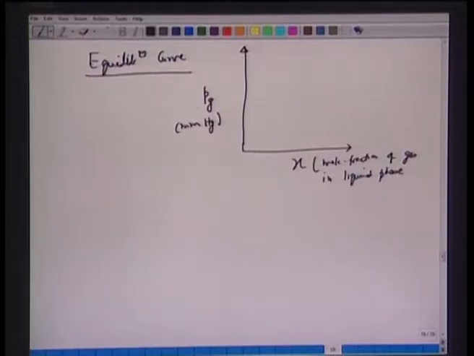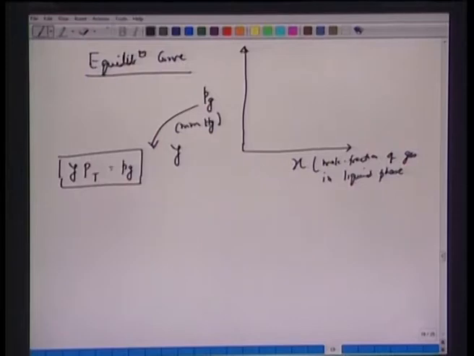Mind you, this Pg can also be written in terms of the mole fraction y in the gas phase, if you apply y Pt equals Pg, where Pt is the total pressure. So, either you could plot y versus x or Pg versus x, and essentially you have some curve like this, given total pressure Pt and temperature.